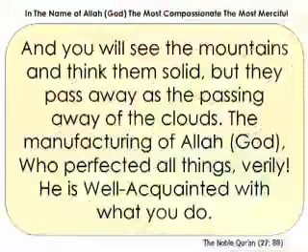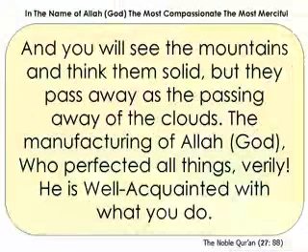Now, as I said, DNA is a double helix containing bases, which are geometrical shapes, hexagonal shapes. And these hexagonal shapes contain the information for the production of the basic building blocks of the human body. Now, if we link this to another verse in the Qur'an, in chapter 27, verse 88, which states, and you will see the mountains and think them solid, but they pass away as the passing away of the clouds.